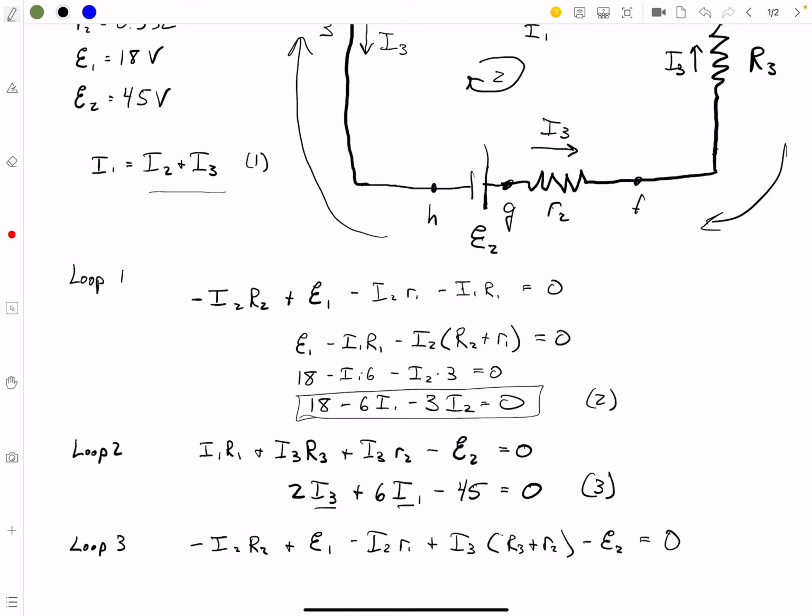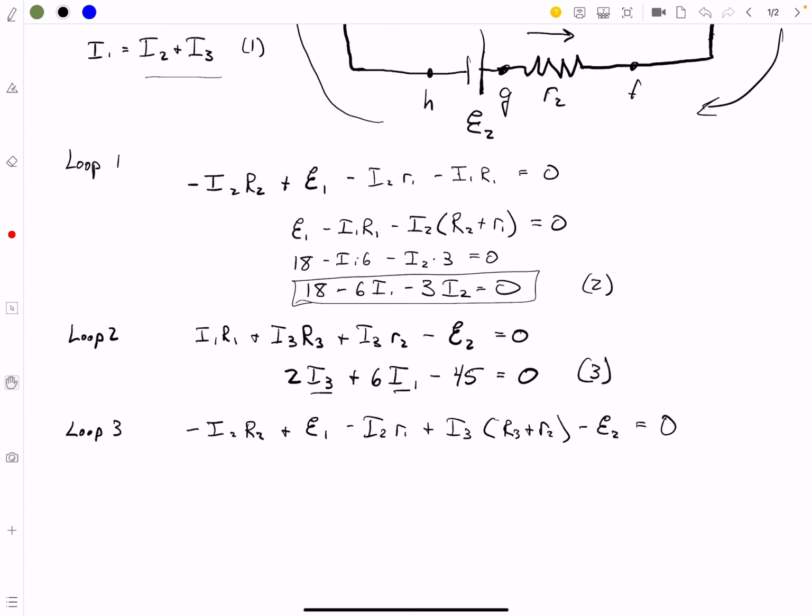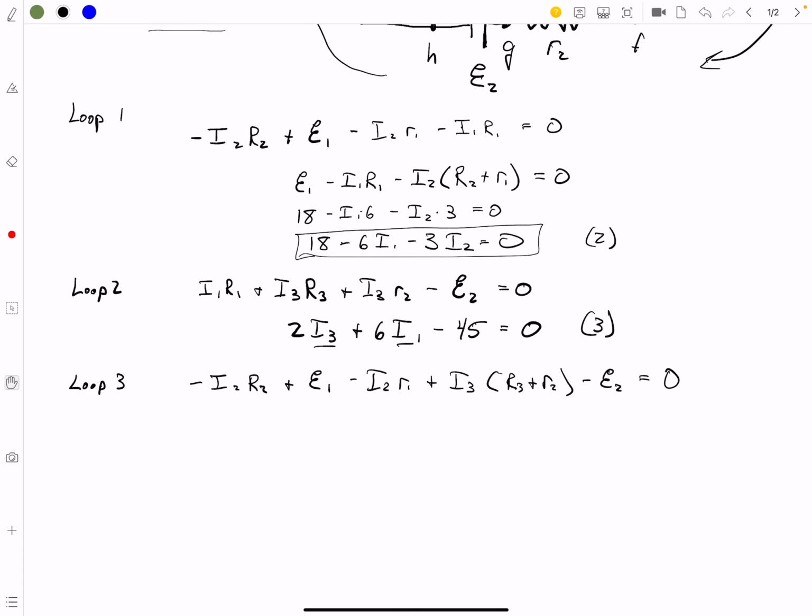And that should equal 0. And we're going to put in all the numbers for that and leave it up to you guys as an exercise, but 2 I3 minus 3 I2 minus 27 equals 0.